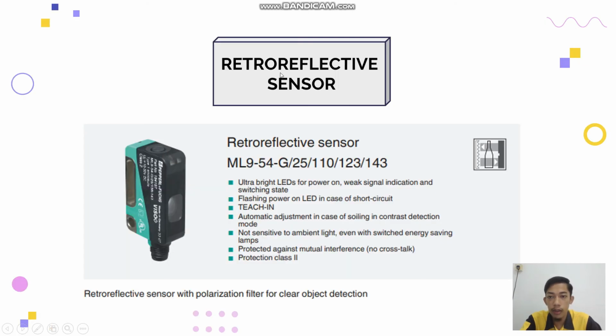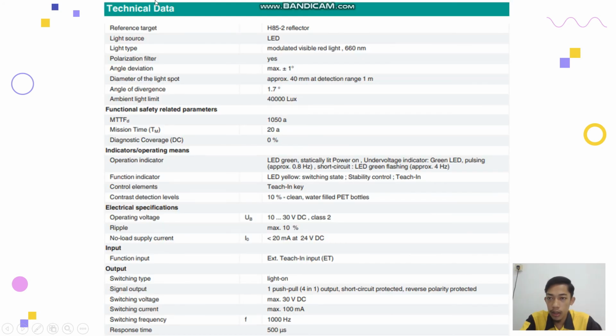Next, the reflective sensor. The light source is an LED. The light type is a modulated visible red LED at 660 nm, with a polarization filter. The angle deviation is 1 degree maximum, and the diameter of the light spot is approximately 14 millimeters at a detection range of 1 meter.